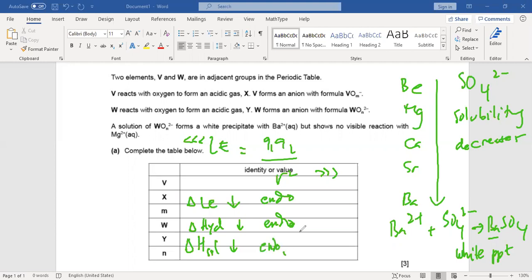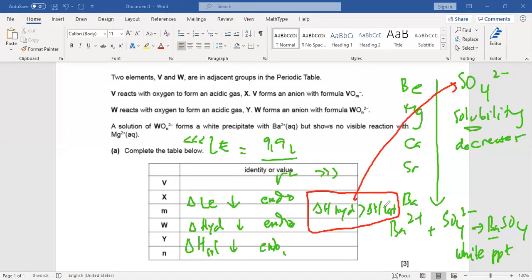Bear in mind that when you talk about the solubility of sulfate, always remember that delta H hydration decreases more than the value of delta H lattice. You have to remember that the decrease in delta H hydration for sulfate is greater than the delta H lattice energy of group 2 sulfates.